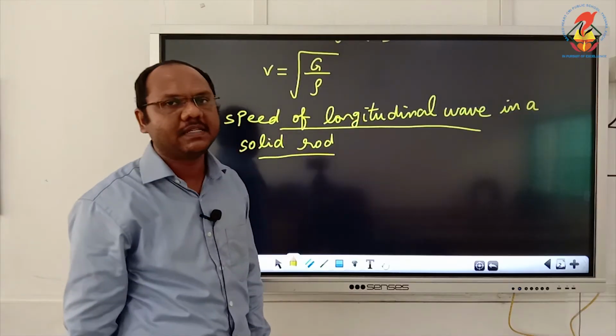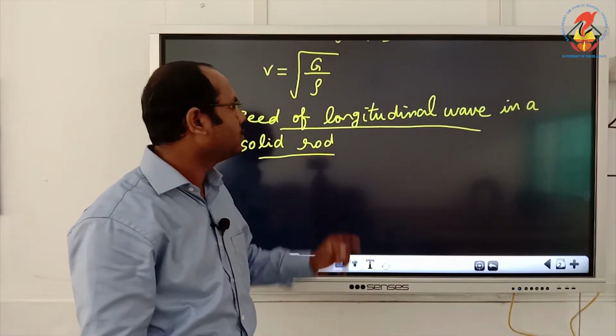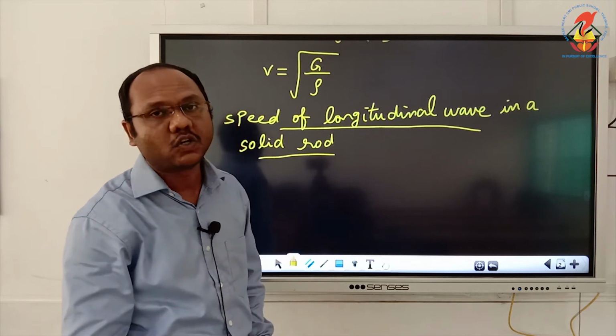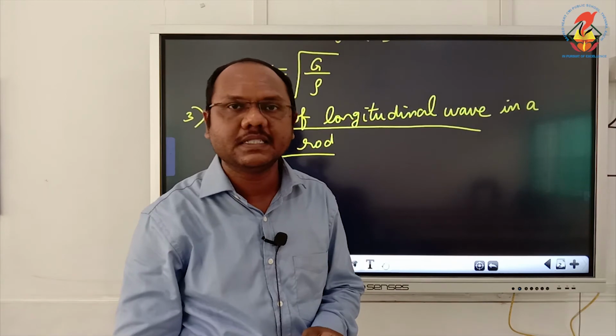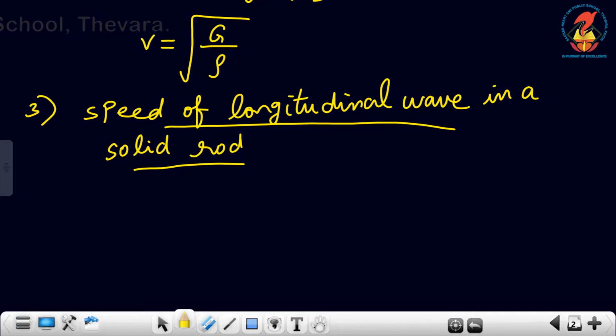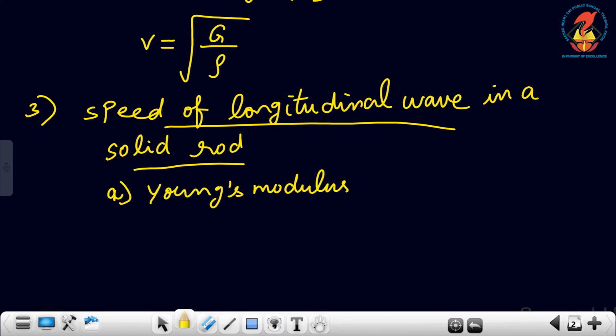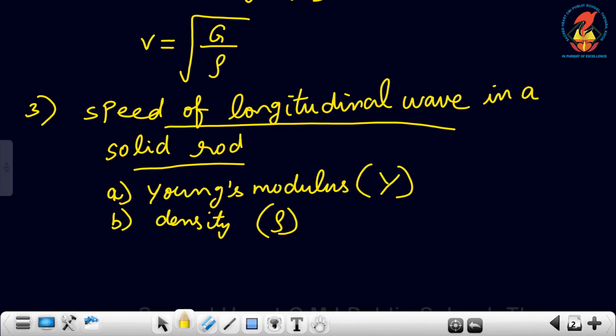So, transverse wave we studied two things. Now, we are doing the longitudinal wave through a solid rod. So, that depends upon two factors, Young's modulus and density. So, I will write the two factors are Young's modulus denoted by Y and density of the medium denoted by rho.